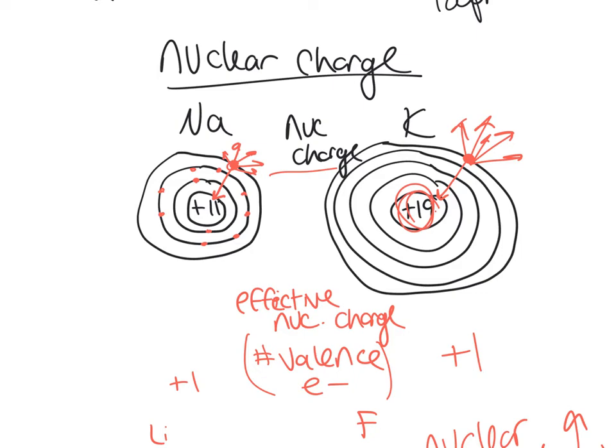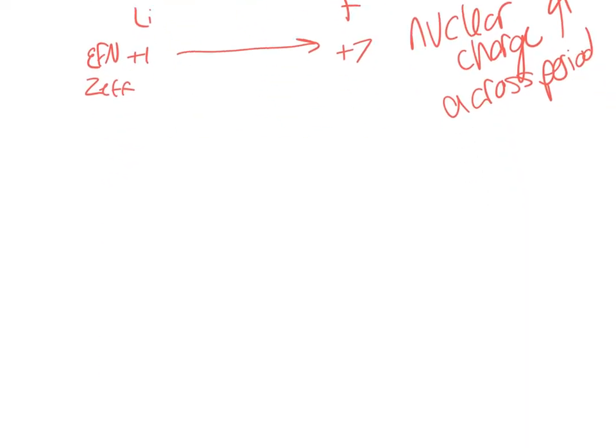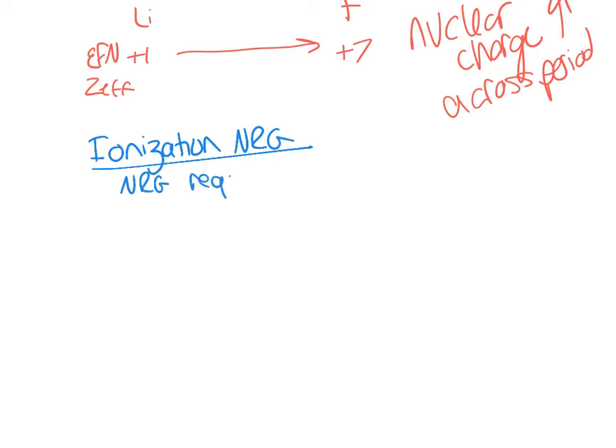All right. The last thing that I really wanted you to get from what you were supposed to watch in class on Monday was ionization energy. Ionization energy is going to be the energy required to remove the outermost electron.